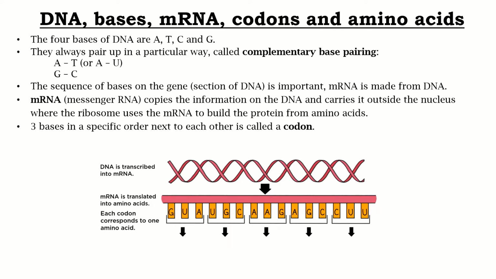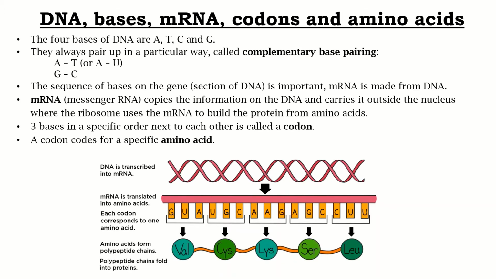What you need to know is these 3 bases next to each other, the first 3 being guanine, uracil, and adenine, GUA, is called a codon. Every codon, every 3 bases next to each other, codes for one amino acid. A codon codes for a specific amino acid. And once they do, those amino acids will be joined in.